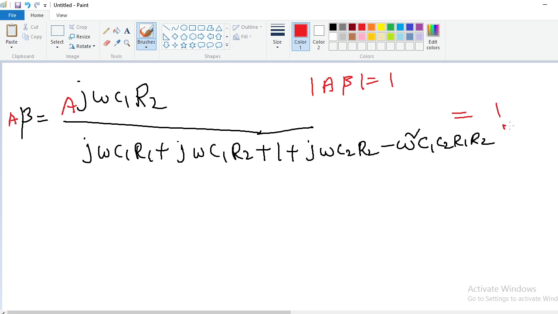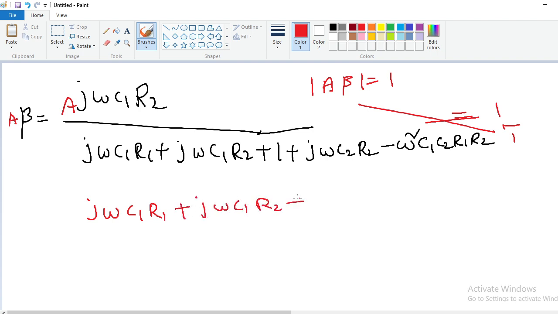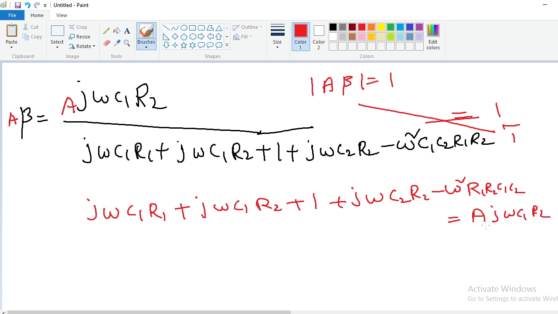So 1 divided by 1, simple cross multiplication, we will get j omega C1 R1 plus j omega C1 R2 plus 1 plus j omega C2 R2 minus omega square R1 R2 C1 C2 is equal to A j omega C1 R2.